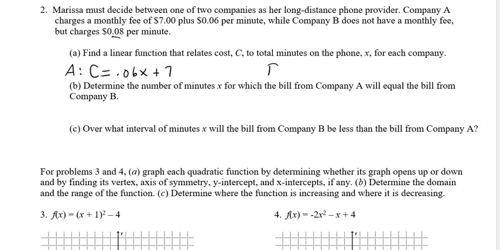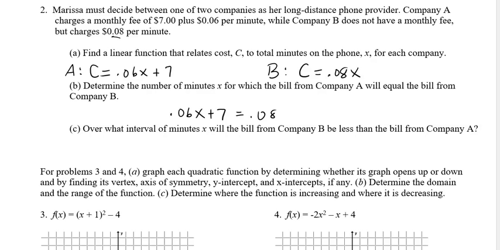And then for company B, a little different. Their cost is going to be 8 cents a minute and no monthly fee. So the number of minutes for which the bill from A will equal the bill from B, we just let these two equal each other and solve for x.